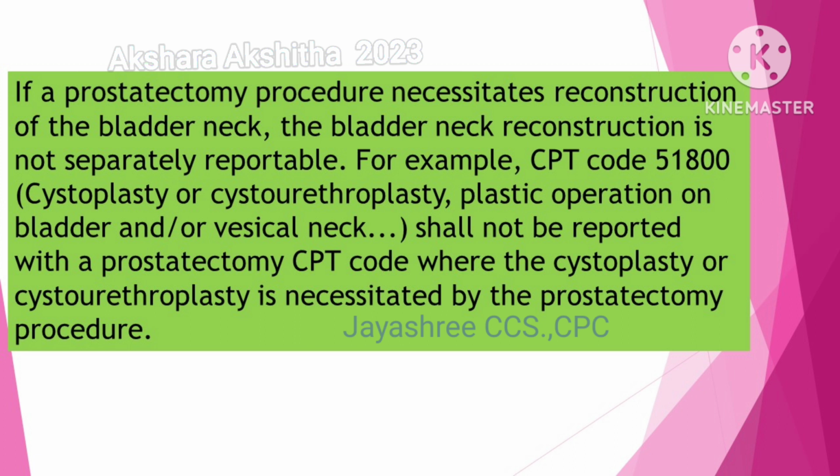Where the cystoplasty or cystourethroplasty is necessitated by the prostatectomy procedure, we should not report the 51800 CPT code separately. These are the 5 points we need to look into for the male genital system.